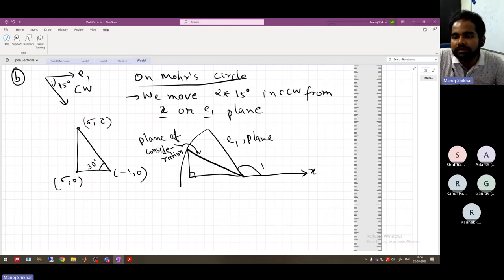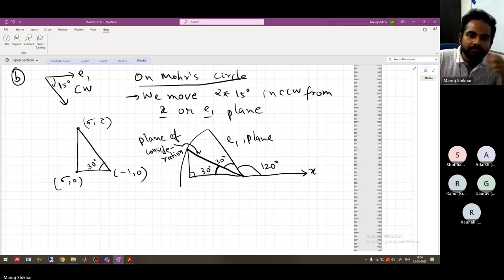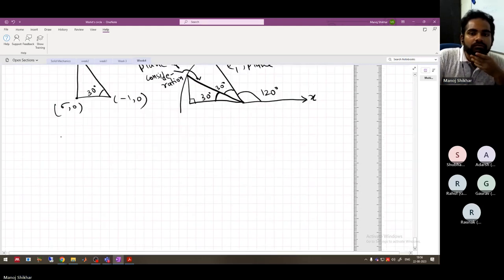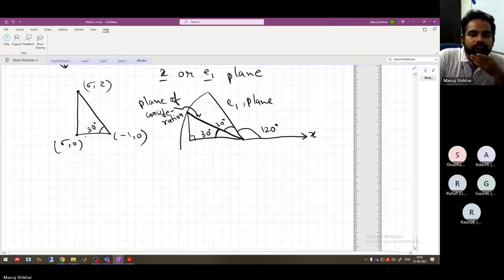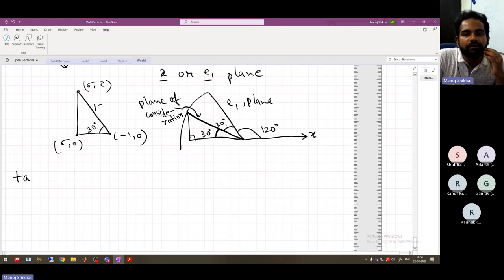So this was 120 degrees, this is 30 degrees, and then how much will this be? This will be 180 minus 120 minus 30. So this is 30 degrees. And we know R is 12.